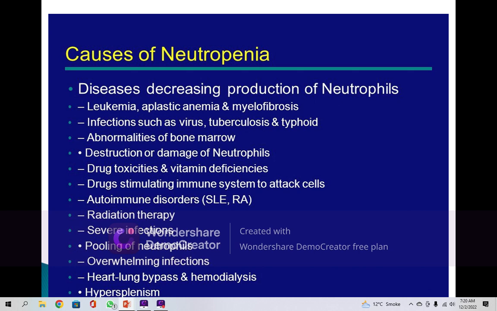Hypersplenism, because apoptosis occurs at one time with the neutrophils, and they will die, and they should be removed by the reticuloendothelial system. The most powerful reticuloendothelial system exists in the spleen. In case of hypersplenism, for example secondary to portal hypertension, the neutrophil count can be reduced.